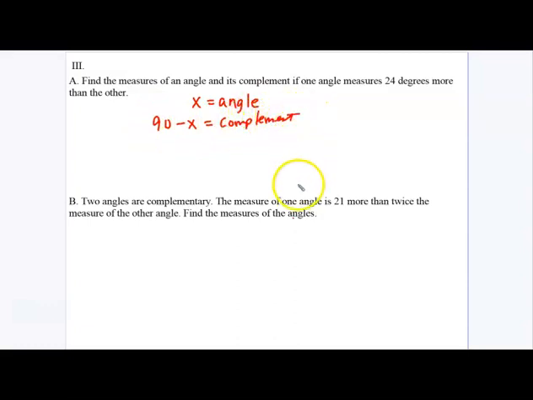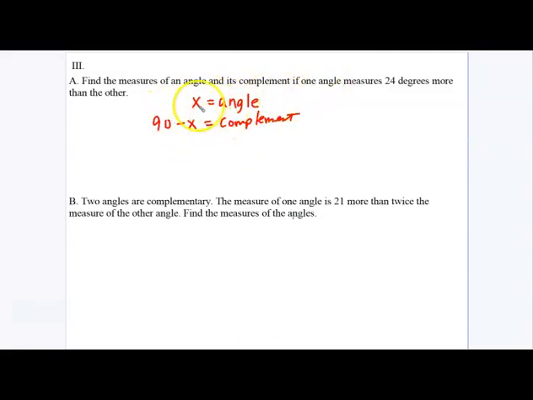So you can kind of reason through this. If X is 20, for example, if I just let that be a real number, then the complement has to be 70. These two together, of course, add up to 90. So if I know what an angle is, to find the complement, I just do 90 minus that number.